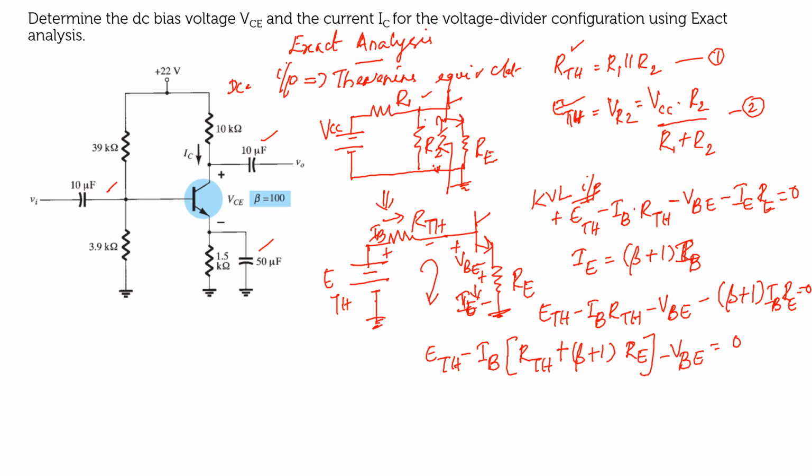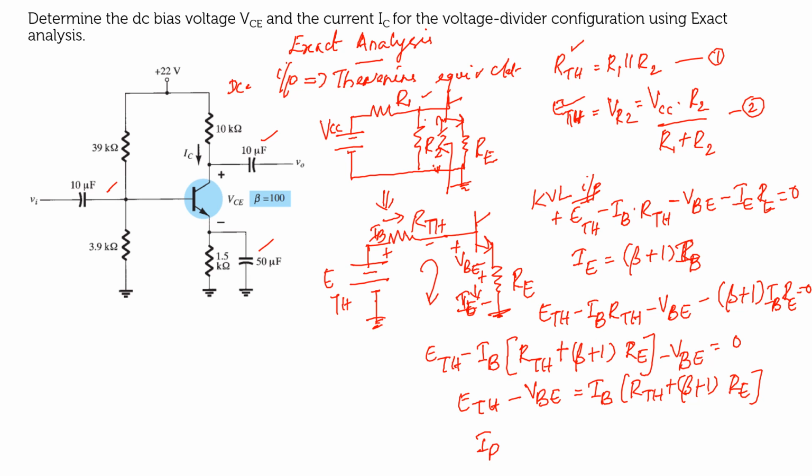What you have to find out is ultimately your IB. If I take IB to the opposite side, you will get ETH minus VBE, which is equal to IB into RTH plus beta plus 1 into RE, right?